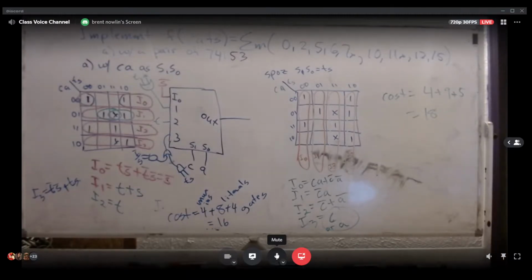What I'd like to do, guys, is change things up one more time and take a look at C and T as the select lines.